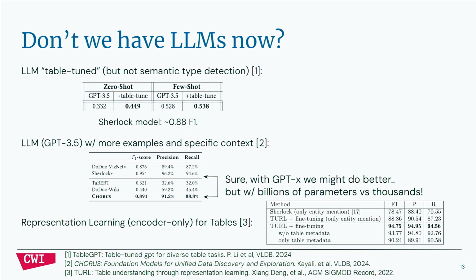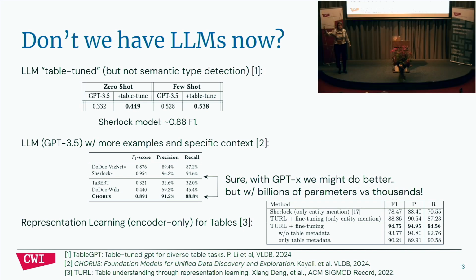So you can think, oh, but representation learning, there must be something in that. Yes, there is. So this is an encoder-only model, which basically maps a table to a column vector and then learns some kind of task on that. Now, that was also indeed trained specifically for semantic type detection. And there you see, okay, Turl, which is this representation learning model, actually beats Sherlock.